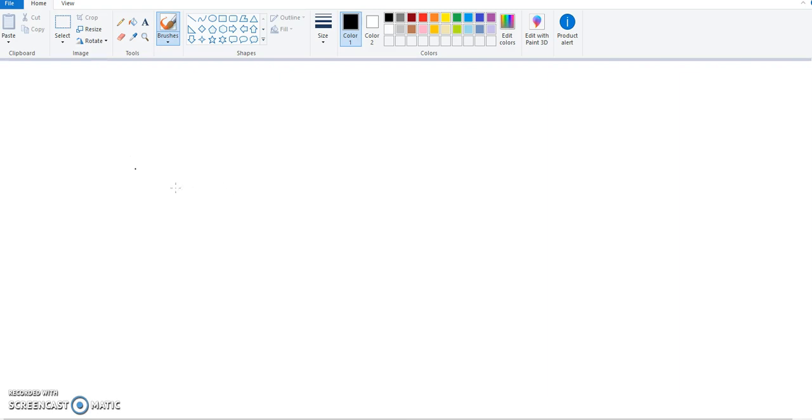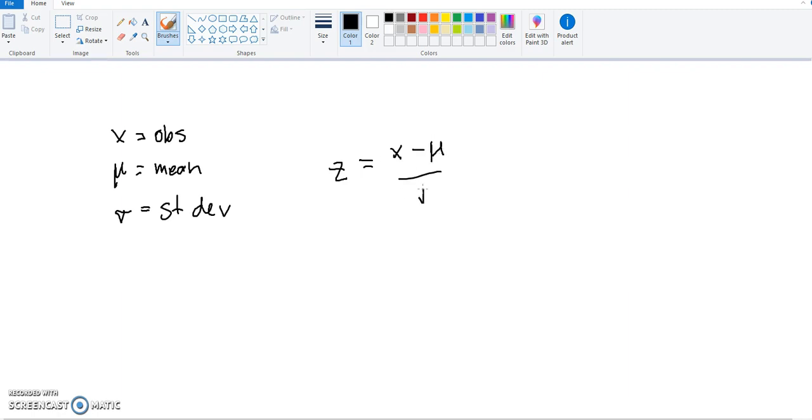If you have x as an observation, say mu is the population mean, and sigma is the standard deviation of the population, then the z-score of that observation x is found by computing x minus mu divided by sigma, and it tells you how many standard deviations away that observation is.